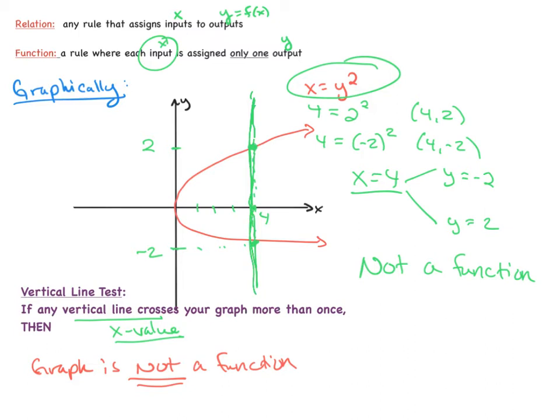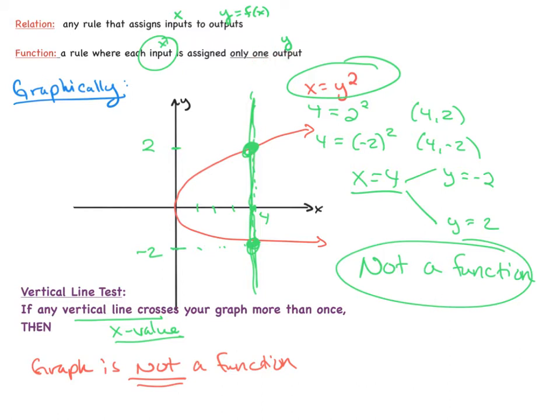There's our vertical line. It crosses two times here and here, so we know that it's not a function. And just really quickly, that's because vertical lines represent x values, and when they cross your graph, those represent the y values that are associated with them.